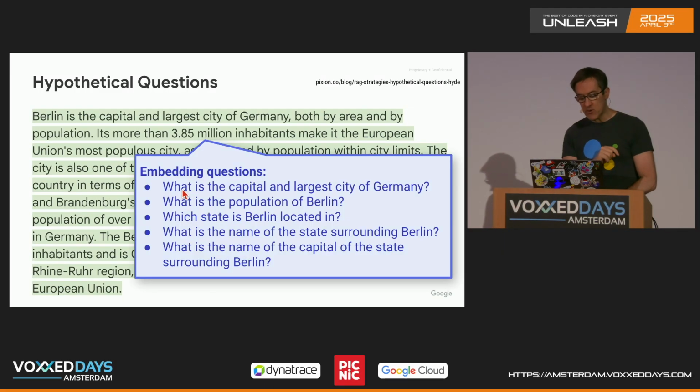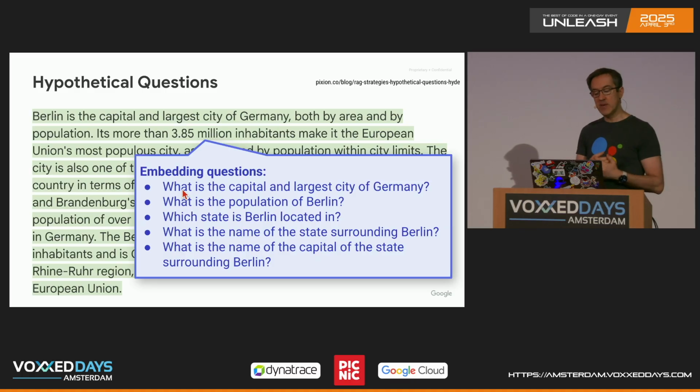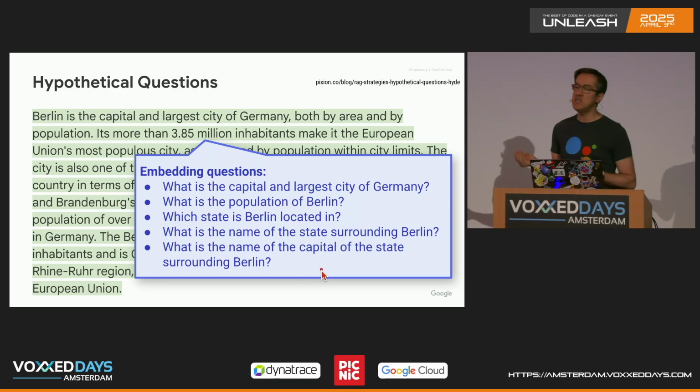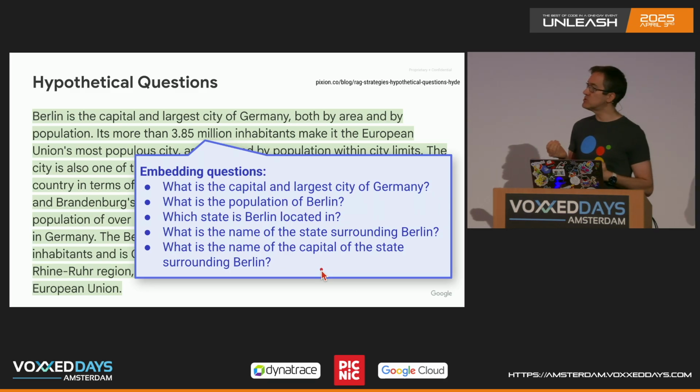So for this paragraph, for example, an LLM could say, yeah, this paragraph can answer the following question: what is the capital and largest city of Germany? What's the population of Germany, of Berlin, etc. So for a given paragraph, I get a list of questions that can be answered.